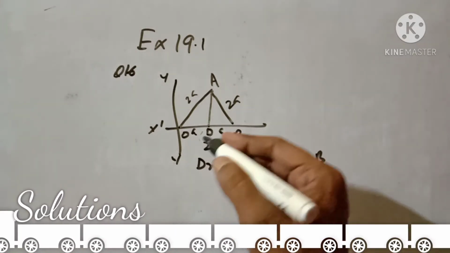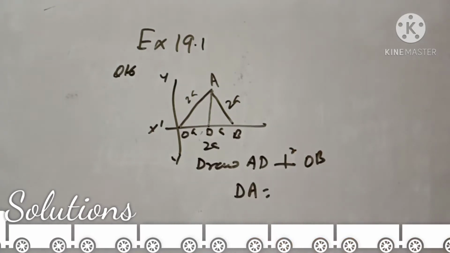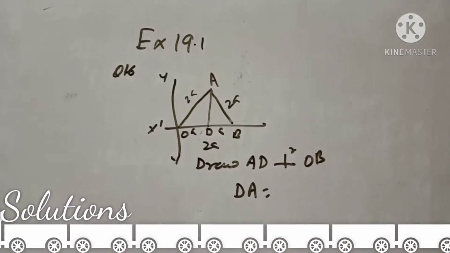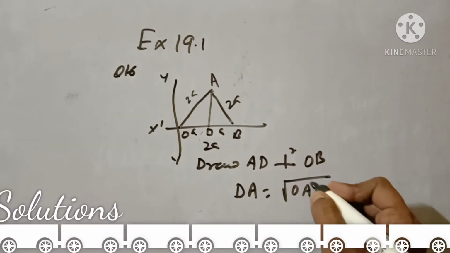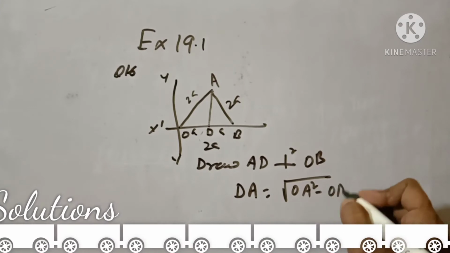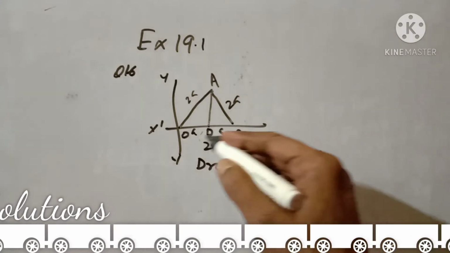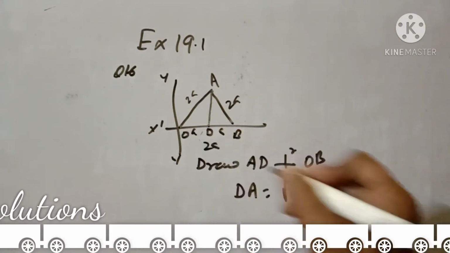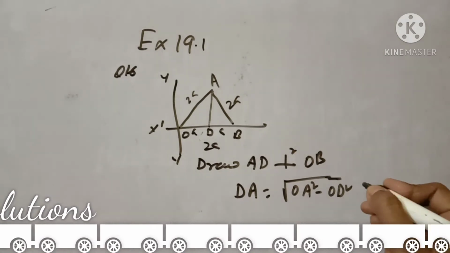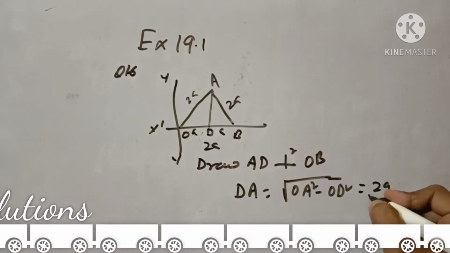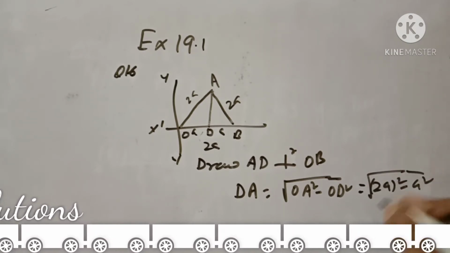So DA equal to what? DA equal to, by Pythagoras theorem, OA square minus OD square. Now see, OA is 2a, OD is a, so it will be 2a whole square minus a square.